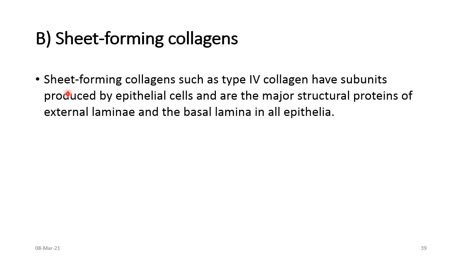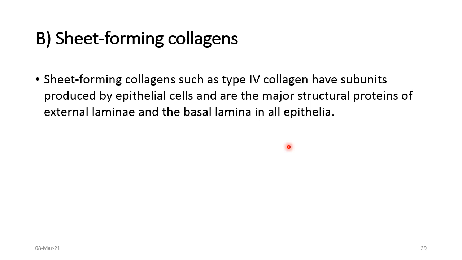It is found there because it forms sheets, and it has subunits produced by epithelial cells. Notice here it is produced by epithelial cells, not by fibroblasts, and they are the major structural proteins of external laminae, as we said, external laminae of muscles and nerves and the basal lamina in all epithelia.